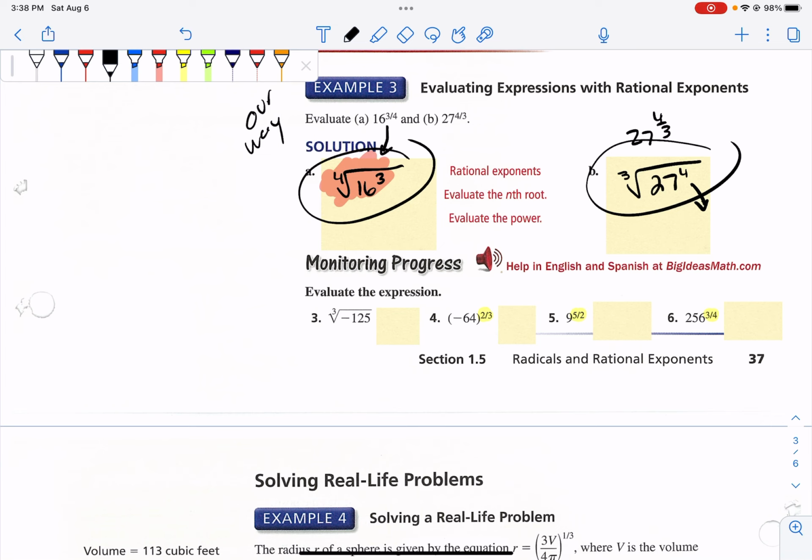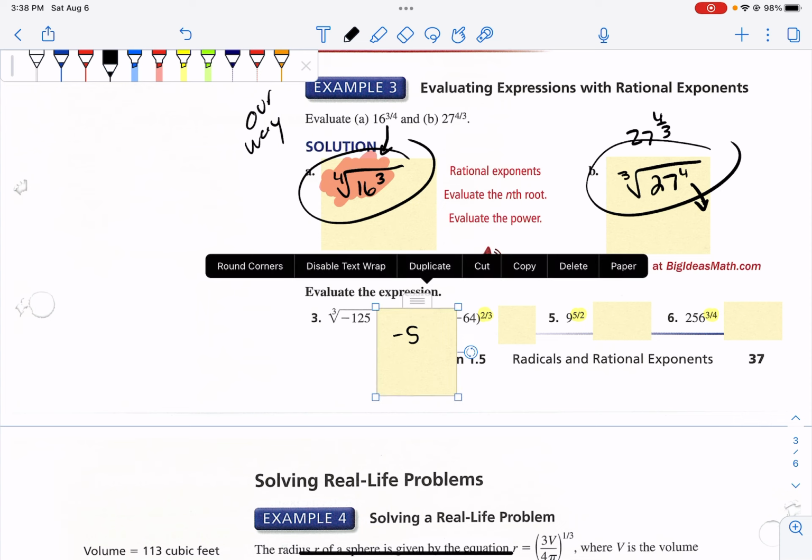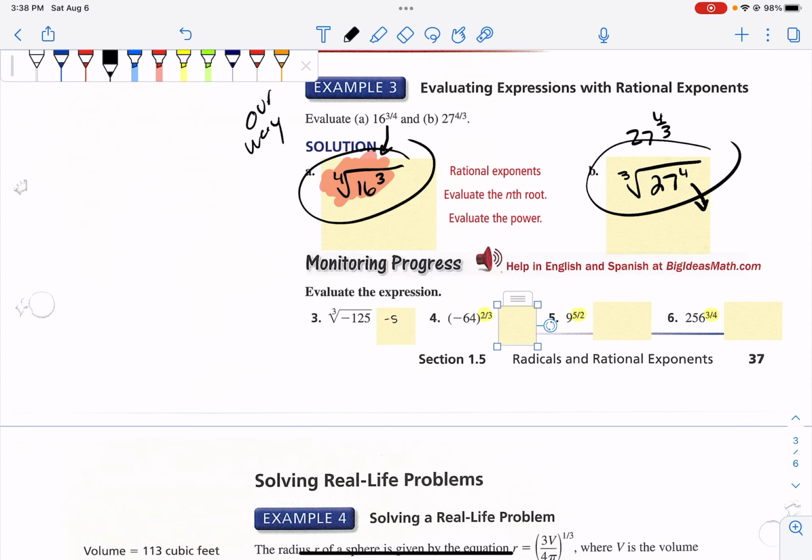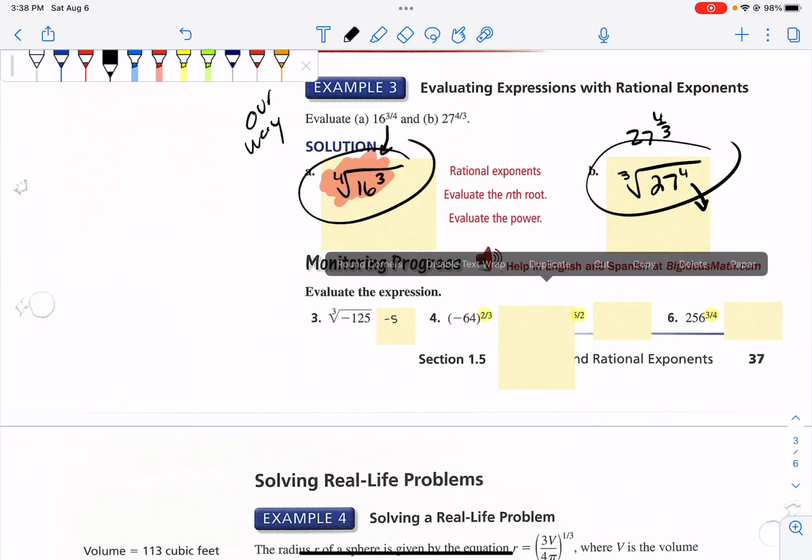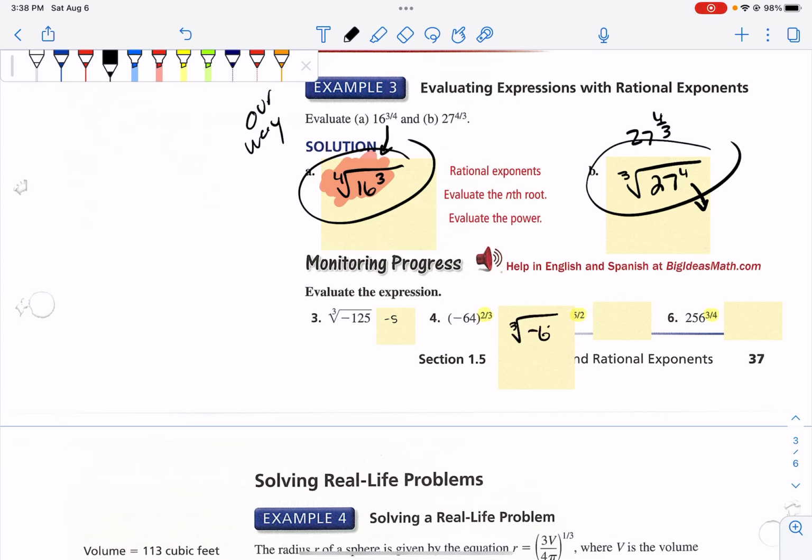All right, guys, so number 3 doesn't get rewritten because it's already the cube root of negative 125. You plug that in your calculator and your answer should have been negative 5. I feel like we already did that problem. Maybe that was an example I gave you. Negative 64 to the 2/3. If you wrote the cube root of negative 64 squared, hopefully you put that negative 64 in parentheses, and then you got the answer of, what is that going to be?